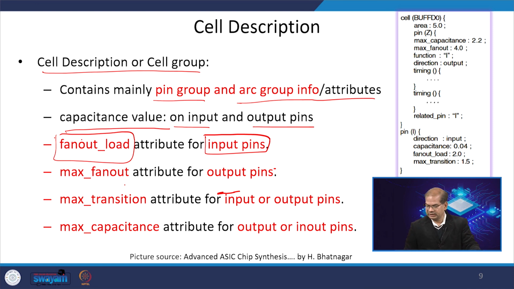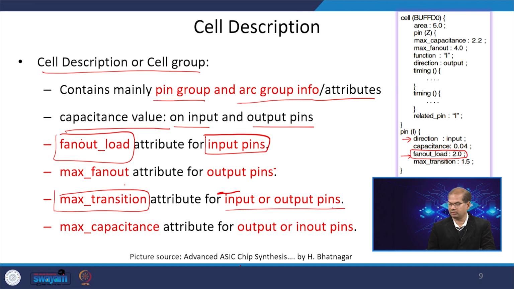So, if you can see here, I is an input pin for this buffer, and the fan out load is mentioned to be 2 here. Then you have max transition time for the input pin. It can be mentioned for either input or output pin; max transition time can be given for both of them. Then max capacitance can be given for output or inout pins. That information needs to be captured as cell description.